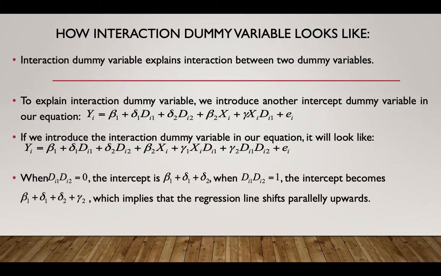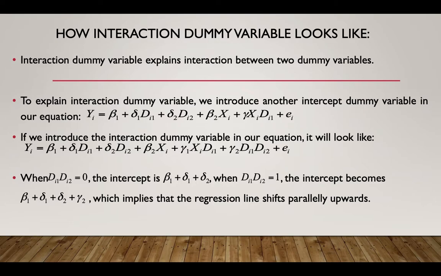Now, how does the interaction dummy variable look? An interaction dummy variable explains the interaction between two dummy variables. Up to now we were talking about only one dummy variable at a time. Now we will talk about two dummy variables together, and that will be our interaction dummy variable. To explain it, we include another intercept dummy variable in our equation, because we require two dummy variables.